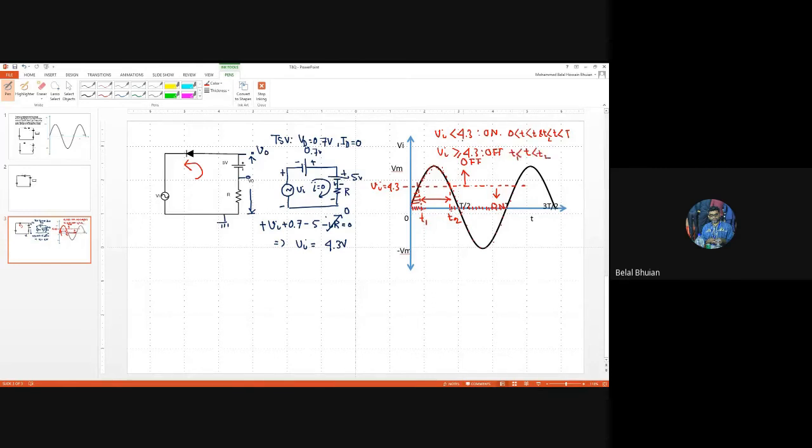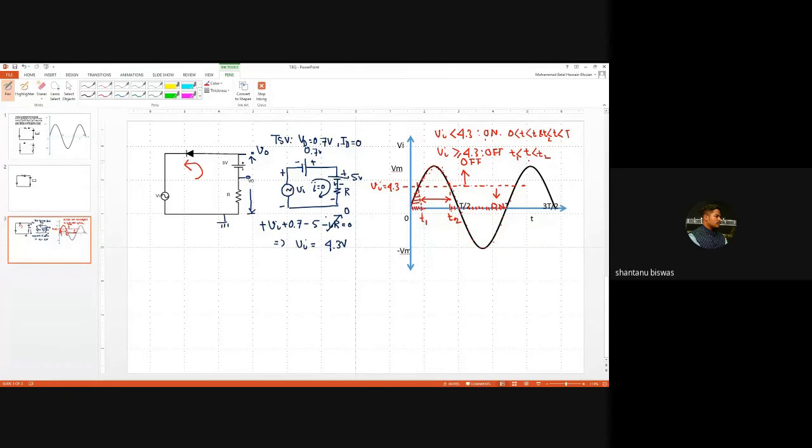So I have figured out the range of input signal for which the diode is on and the range of time for which the diode is on. I have figured out the range of input signal for which the diode is off and the duration of the time for which the diode is off.